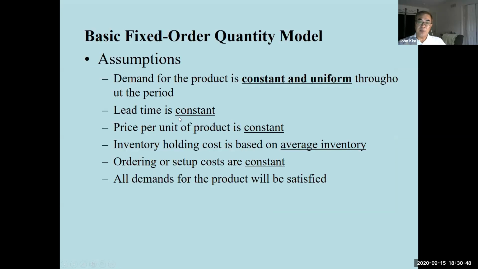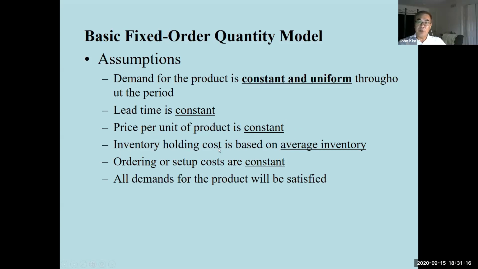And then lead time is constant. Lead time is the time between order and receive, like a delivery time. For this model, it is constant, every time the same, like 5 days, next time the same, 5 days and so on. And then price per unit is the same.